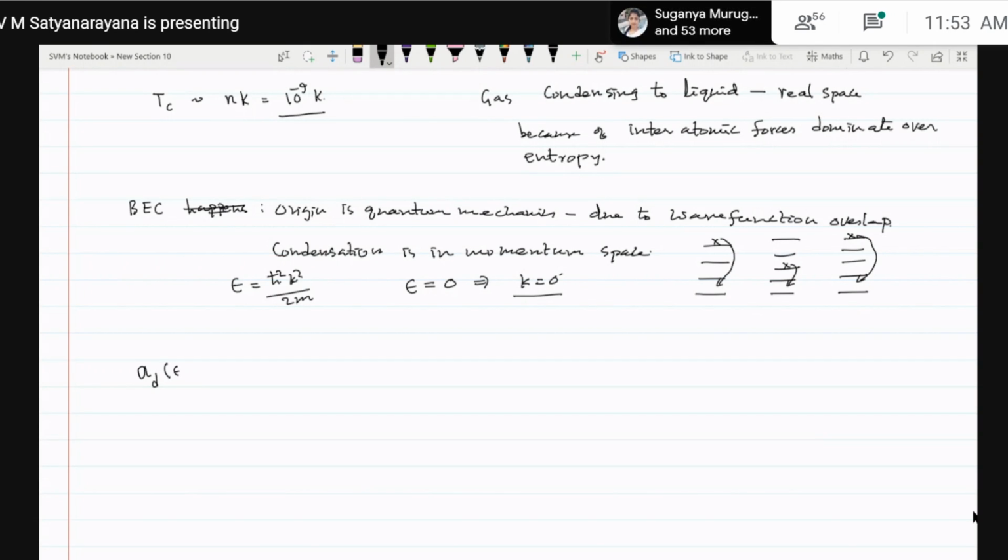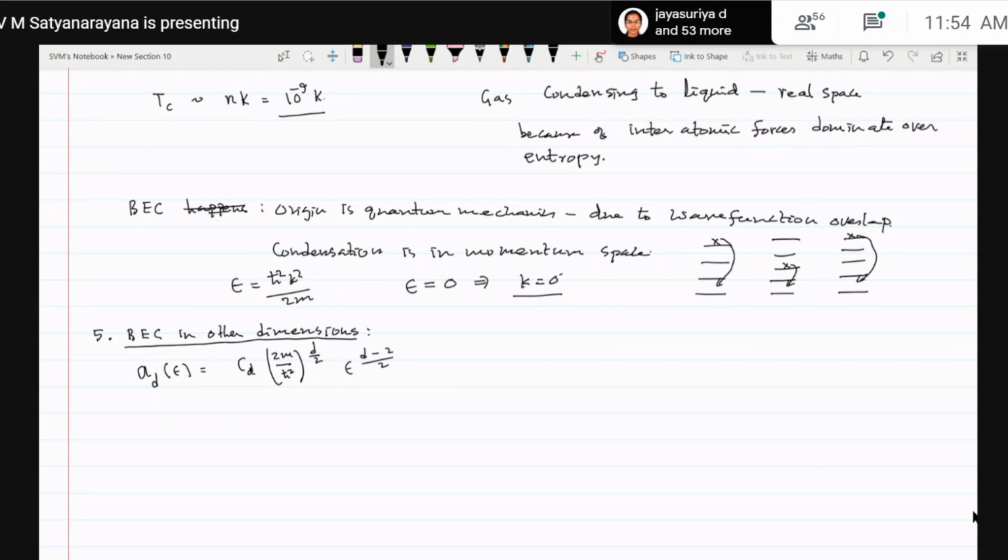Let me write it: it is equal to some constant c_d times twice m by h bar square to the d by 2, and then we have epsilon to the power d minus 3 by 2.